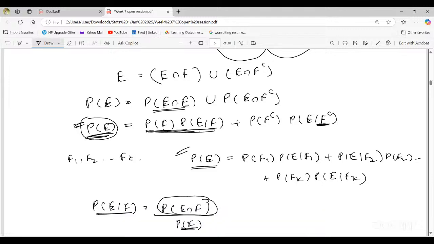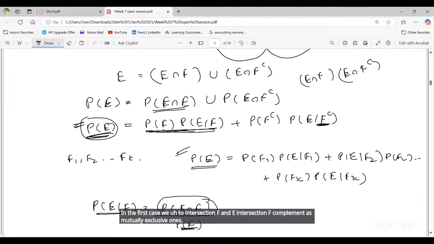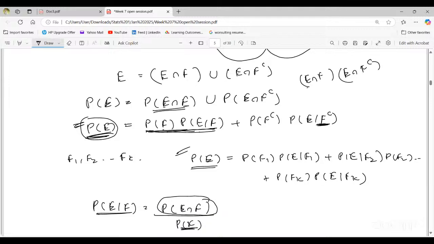In the first case, we took E intersection F and E intersection F complement as mutually exclusive events, not E and F. Okay, thanks. This makes sense. Now it's fine.